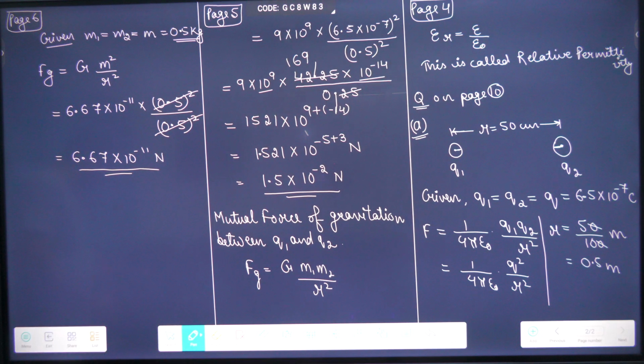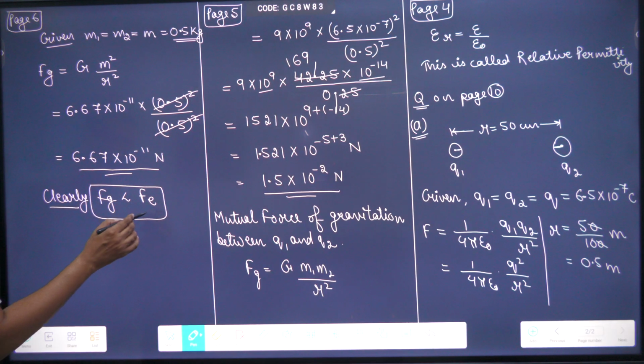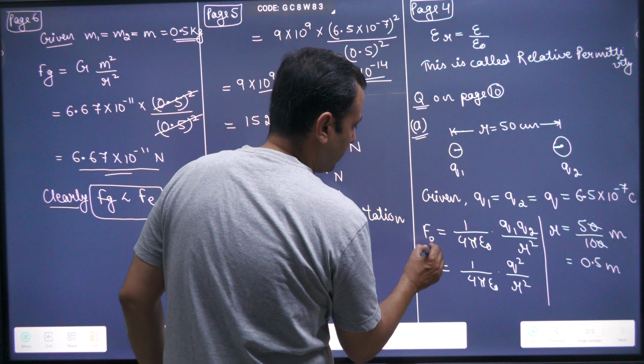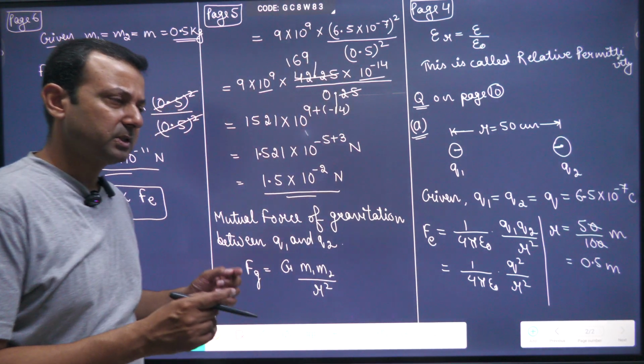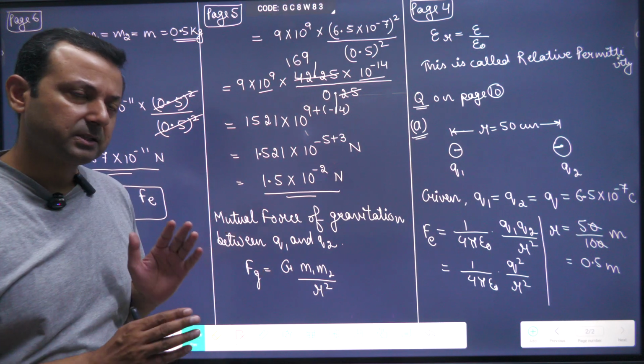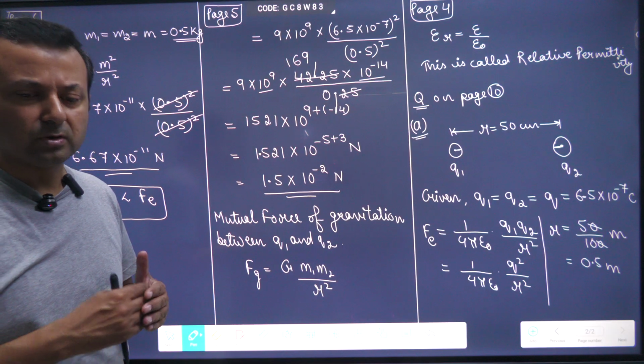Yes, 10 to the power minus 11 is smaller. So we will write it clearly: Fg is smaller than Fe. What is this Fe? Fe means electrostatic force of repulsion. Electrostatic, because when charges attract or repel each other, this force is called electrostatic force.